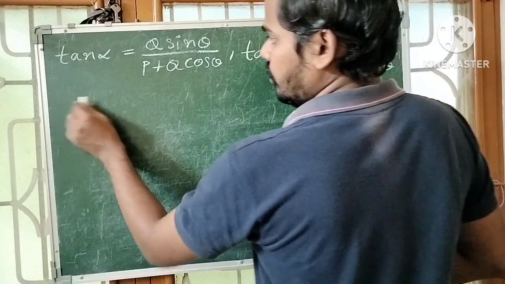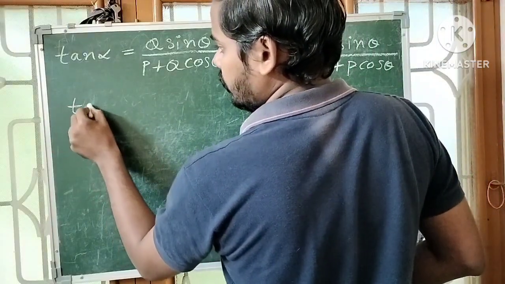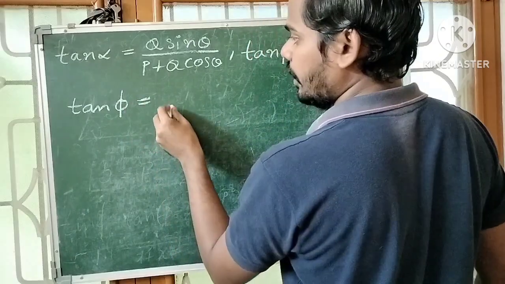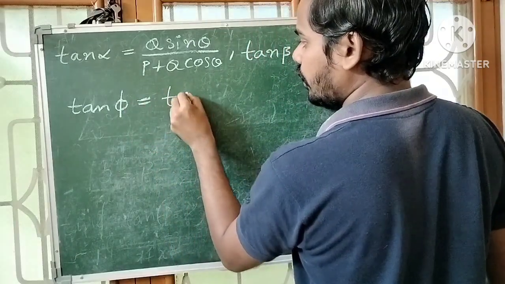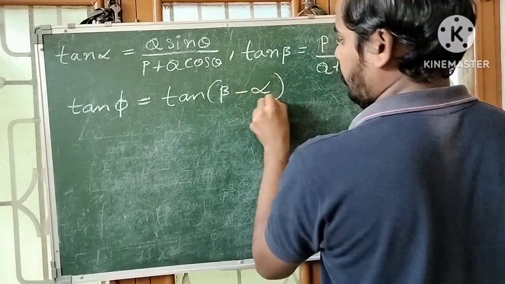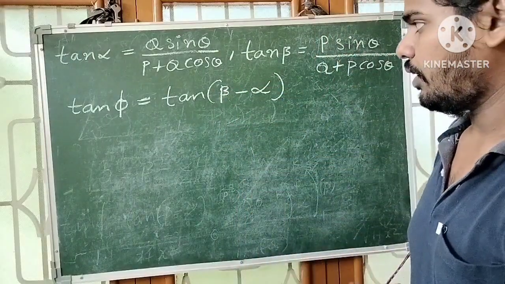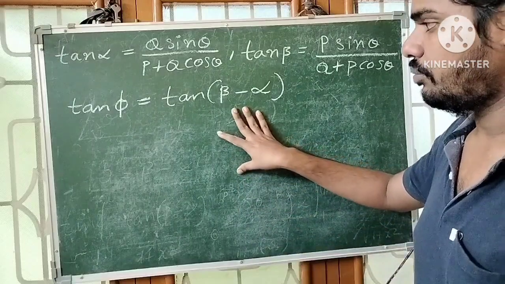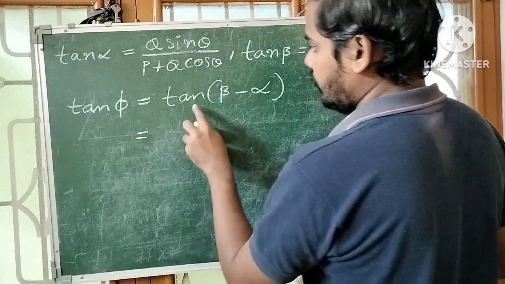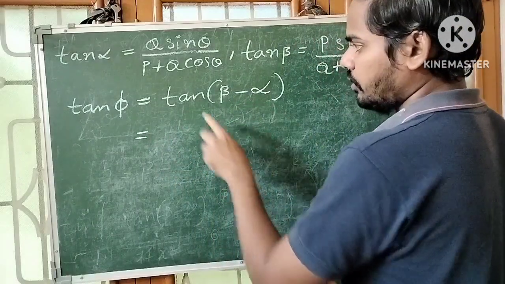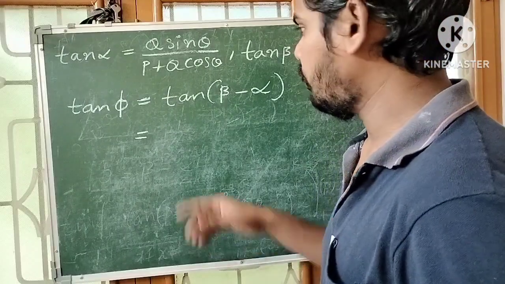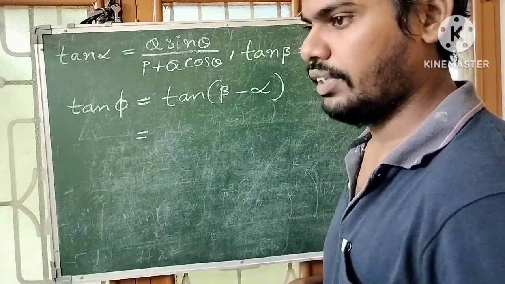Anyhow, here tan phi is equal to, we already wrote tan phi is equal to tan of beta minus alpha. So tan of a minus b. So apply trigonometry concept. Tan beta minus alpha.